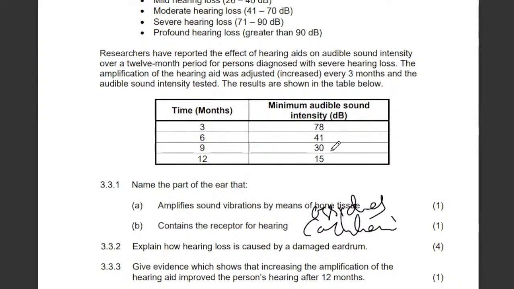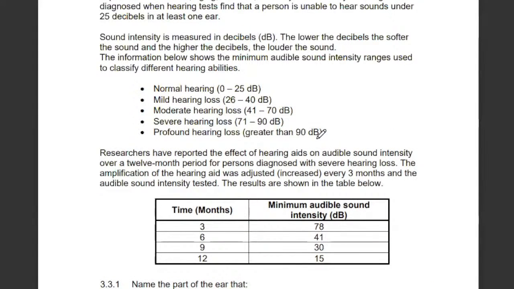At 9, it stops on 30. At 12 months, the person is able to hear even at 15 decibels. You see? Meaning that the person can hear actually in this range, which is falling in this range. Before, it was falling in severe hearing loss, you see.